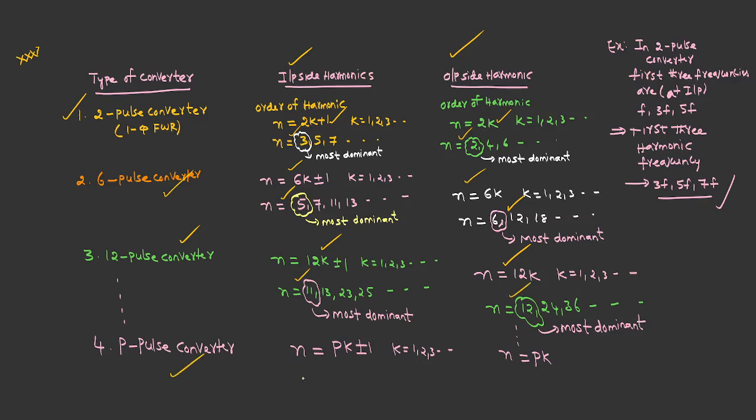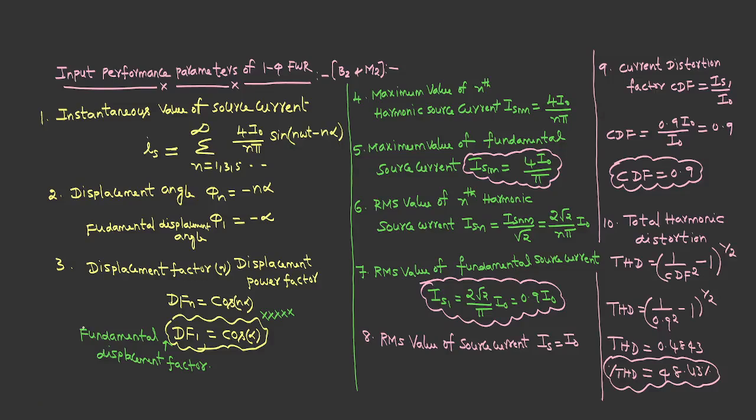For a p-pulse converter, what is the order of harmonics? pk plus or minus 1 at the input side, and pk at the output side. This is a very important observation, even from the HVDC converters point of view. These are the order of harmonics at the input side and output side, which is the most dominant harmonic at the input side, and which is the most dominant at the output side.